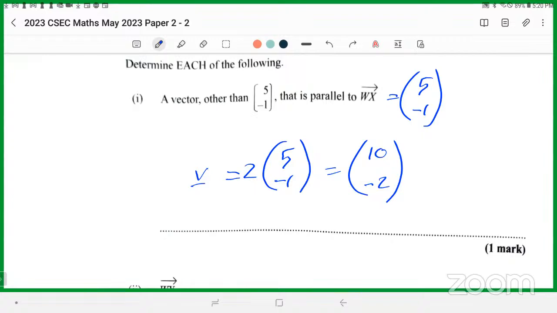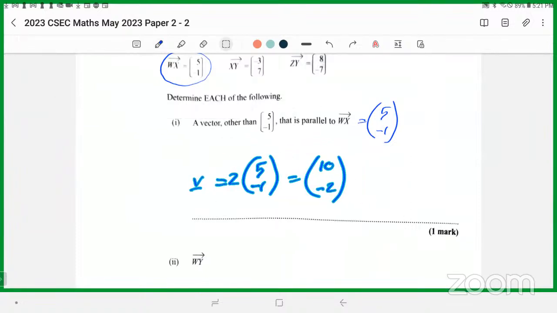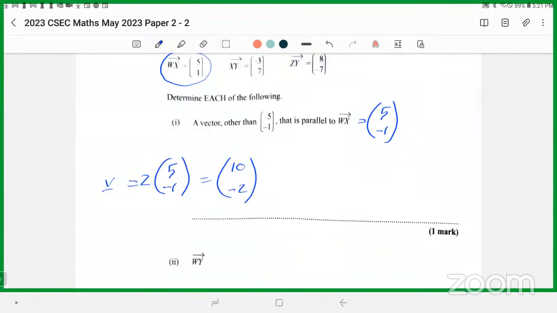All right. So, in fact, one neat way to do a question like this would be to give something like this and say, let's do it another way. I would say a vector that is equal to k times 5, -1 would work out to be 5k, -k.